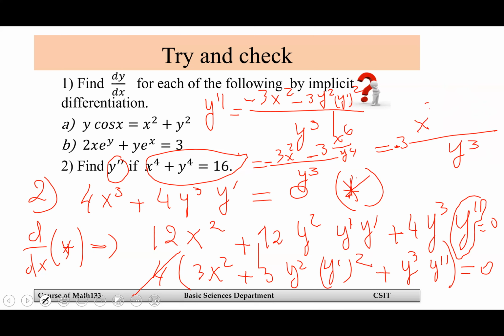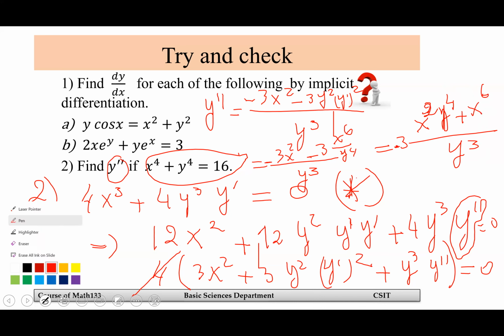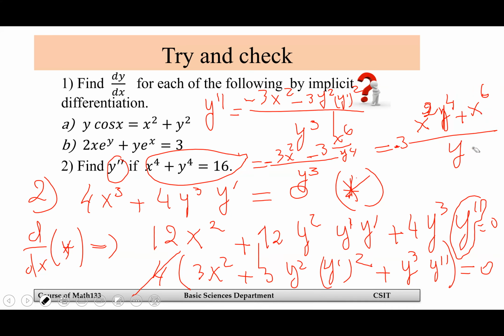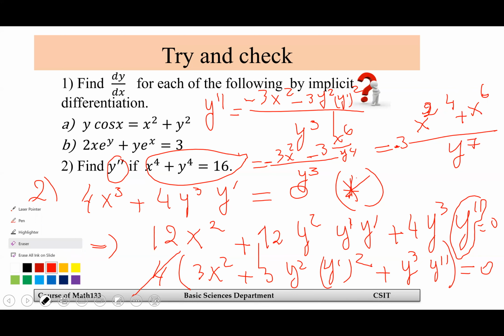So x squared times y to the fourth plus x to the sixth, but I will change the denominator here because I take the common denominator, so it will be y to the seventh. Okay, so that's the final answer for y double prime.